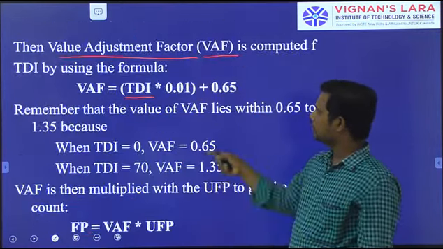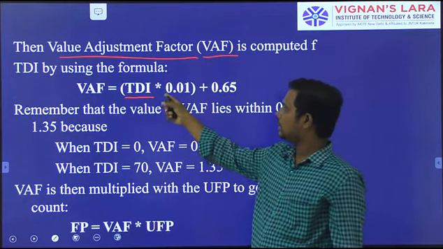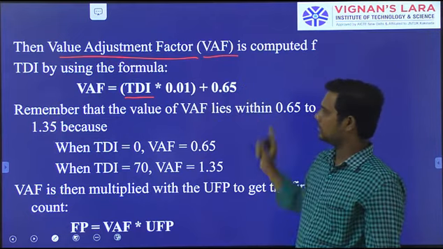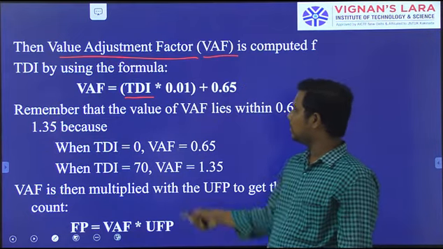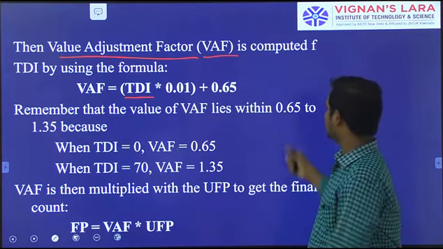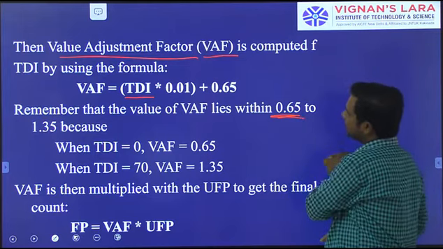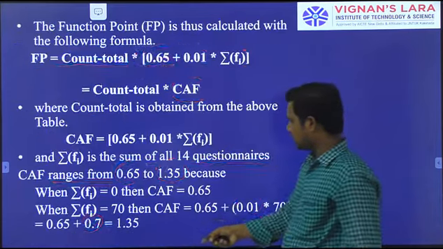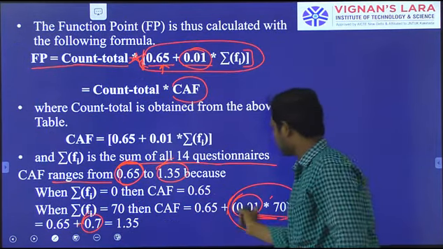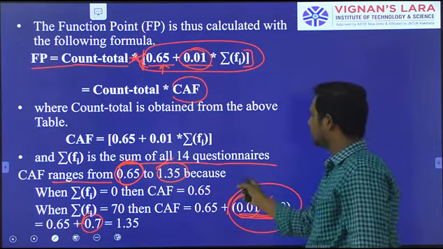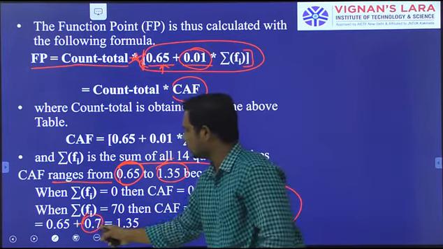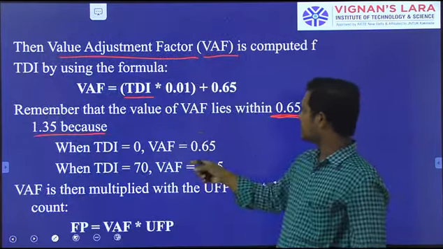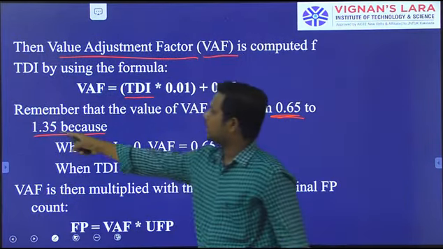Remember the value factor ranges from 0.65 to 1.35, because I told you already that with a range of 70%, you multiply 0.01 with 70 and get 0.7, so we are getting 1.35. That's why here I am writing 1.35.